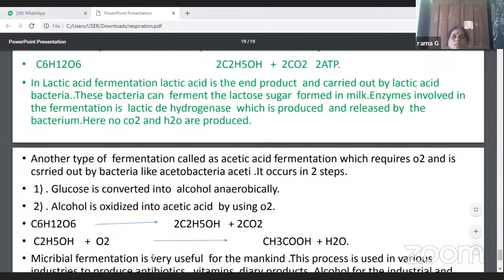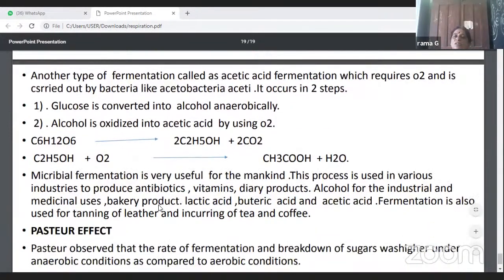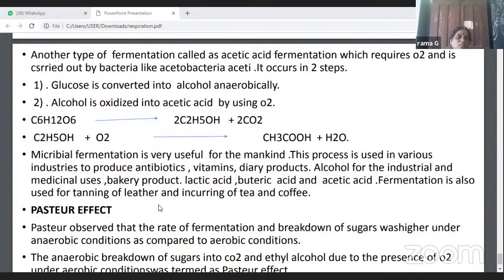The important point here is that microbial participation is of utmost importance, and it is useful for mankind. In different industries, these microbes are used, like medicinal, bakery, and tanning industries; these microbes are very helpful.